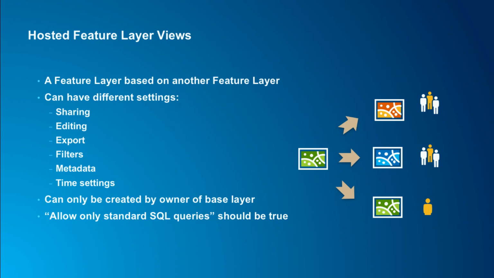If you switch that off, it allows a much broader set of SQL to be possible on your feature layer, and that opens up some ways that someone could get around these views to actually look at the original data. So it's something you want to keep on. There's very, very few use cases where you would switch it off, but I just wanted to mention that to make sure that that setting is on if you're going to be doing views.